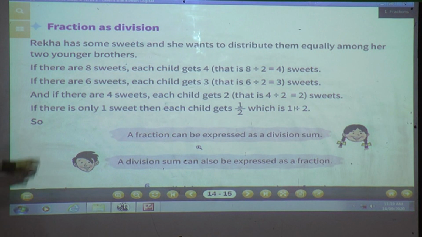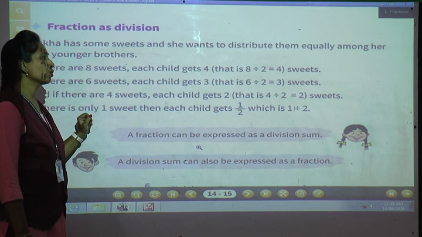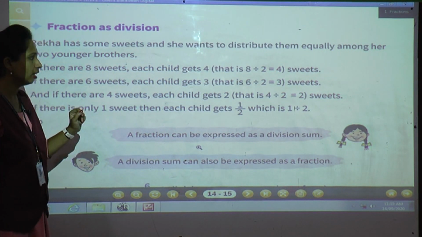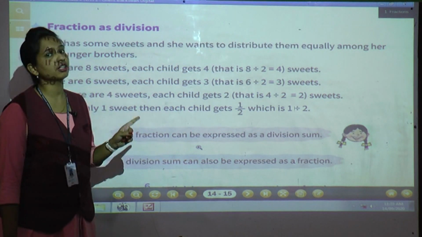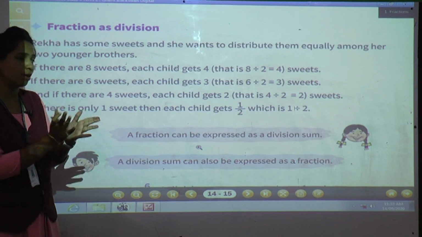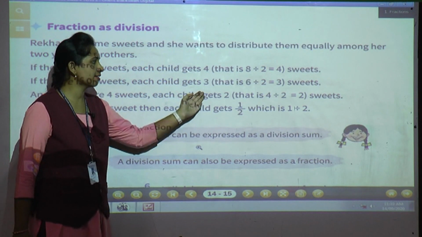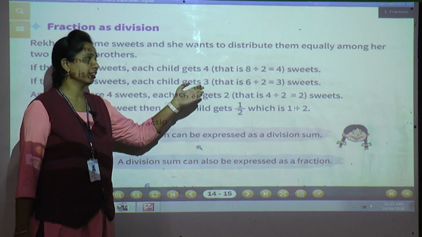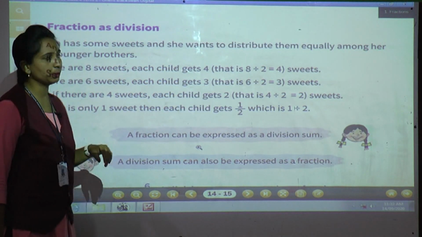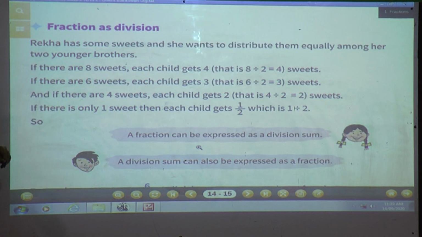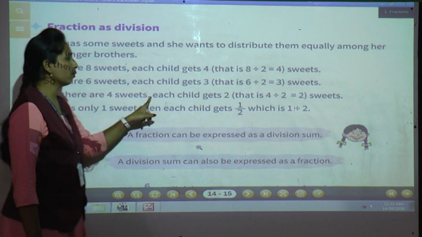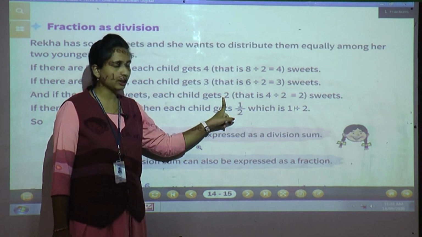Suppose there are 6 sweets, how can we divide equally? Number of children is not given. So how can we divide 6 equally? That is 6 divided by 2, which means 3 sweets each. And if there are 4 sweets, each child will get 2. Why?